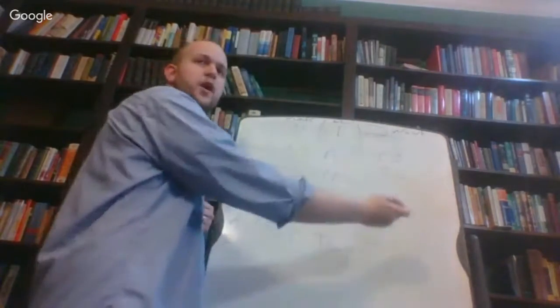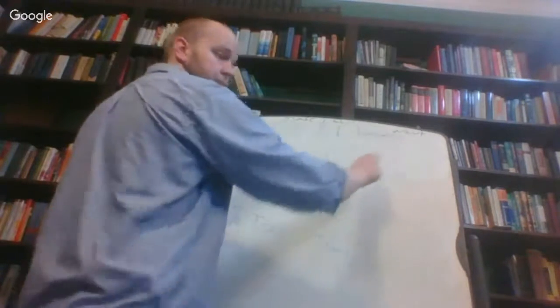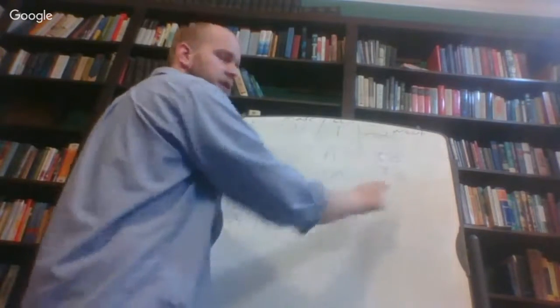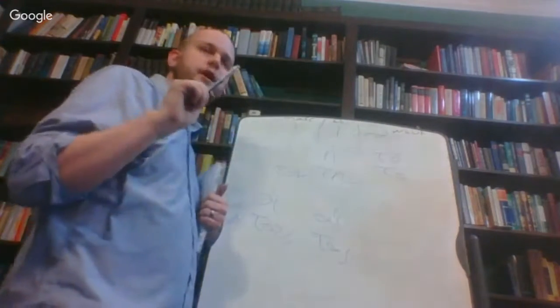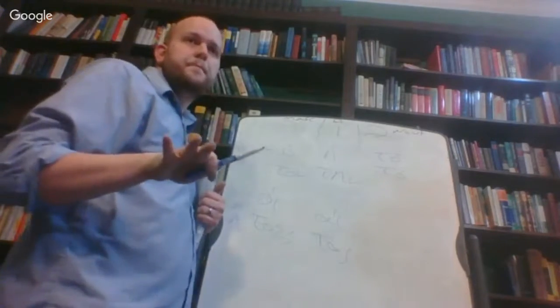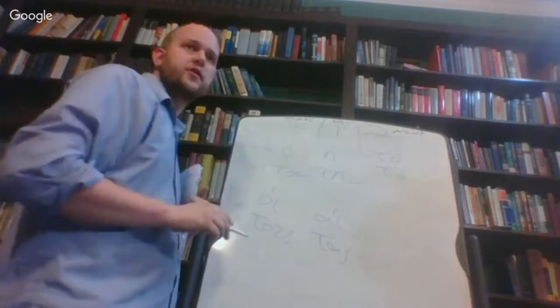They're going to be the same. Why are they going to be the same? Because the neuter nouns are the same in the nominative and the accusative. You're going to see that always. Every single neuter noun you're going to come across, the accusative and the nominative are always going to be the same. So to is always going to be the singular neuter.